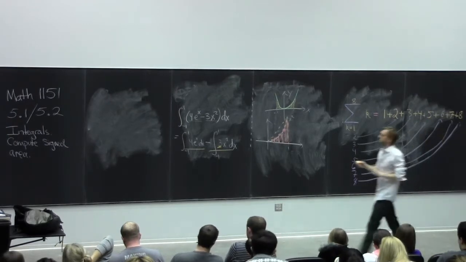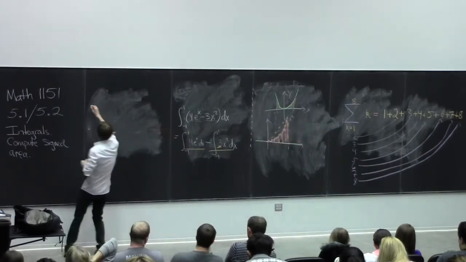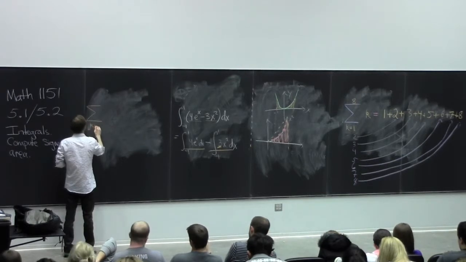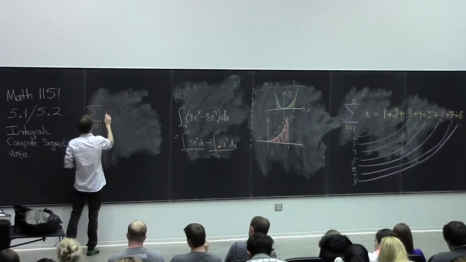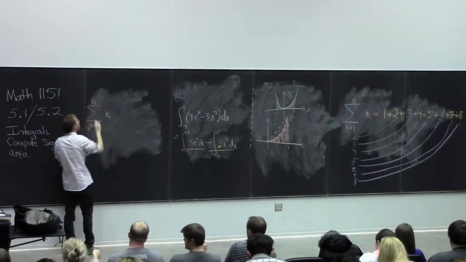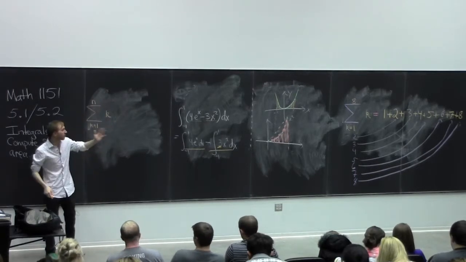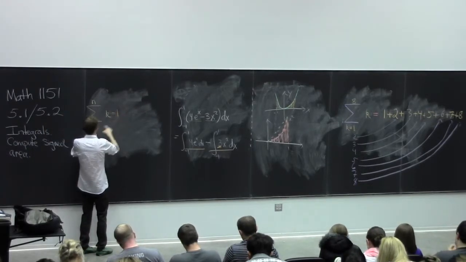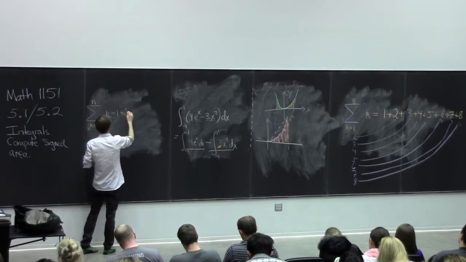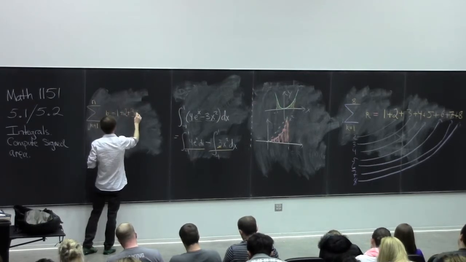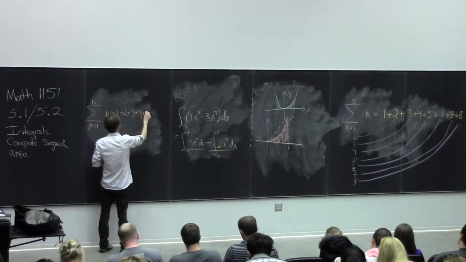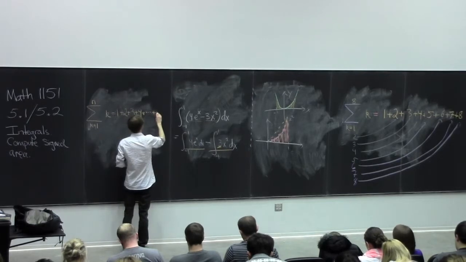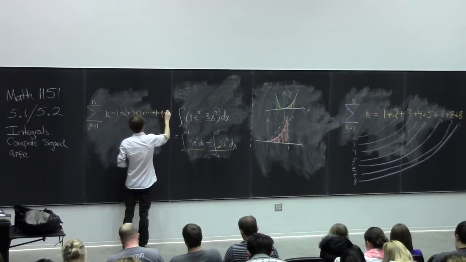Okay, here we go. The sum of k from k equals 1 of k, and if we go all the way to n now, before we went to 8, now we're going to n. So this thing's equal to 1 plus 2 plus 3 plus 4 plus dot, dot, dot, plus n minus 1 plus n.